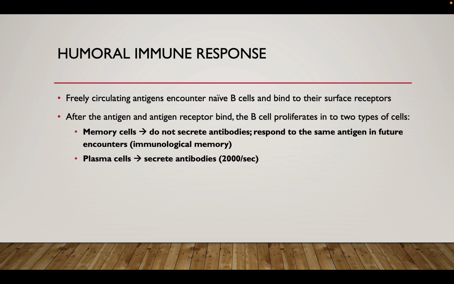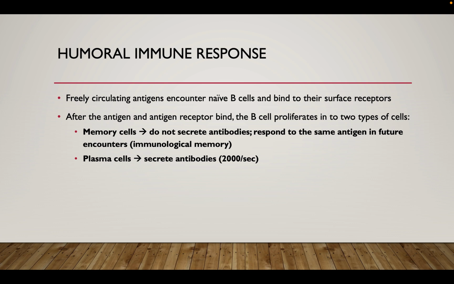It stays around in circulation for a possible future encounter with that same antigen, so that we already have memory cells ready to respond. These memory cells recognize the same antigen, and it has to be the exact same antigen that encountered the initial B cell, but they are present if we happen to encounter it somewhere down the line.